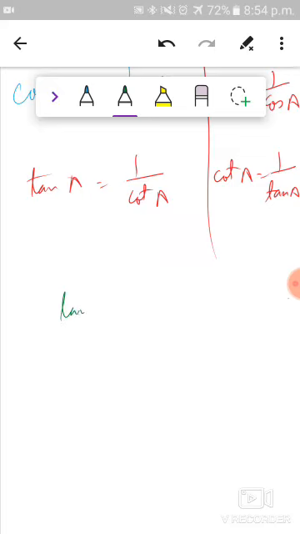If I write here tan A is equal to 1 by cot A, or I will write tan A is equal to sin A by cos A, right?